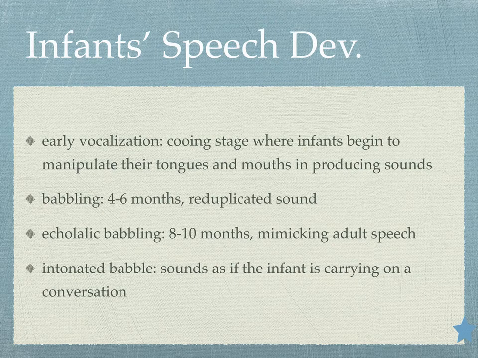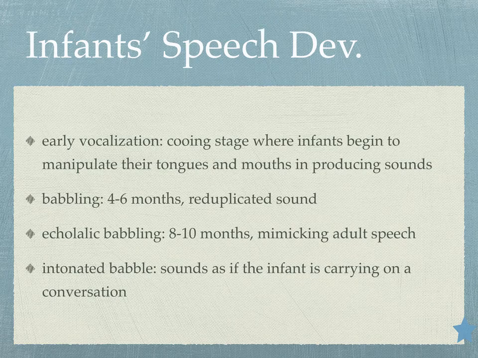Okay, welcome back. We're continuing to talk about infant speech development. We will have early vocalization, for instance, cooing. We've all heard that. The cooing stage is where infants begin to manipulate their tongues and mouths in producing sounds. They are really trying to play with sounds, and sounds they hear they're going to try to mimic.